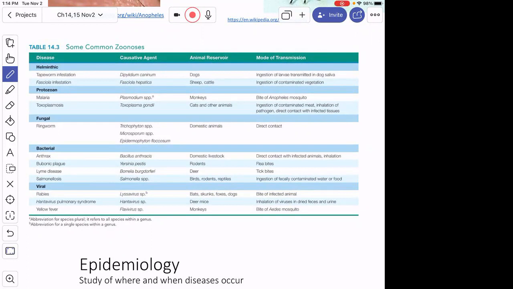It talks about different diseases, the causative agent, whether it's a virus or protozoa or whatever, the animal reservoir, and then the mode of transmission. And again, sometimes the transmission is complicated. Sometimes it's this way and sometimes it's this way. But I think it gets you a little bit familiar with some of the terminology there. And again, practice using those words.